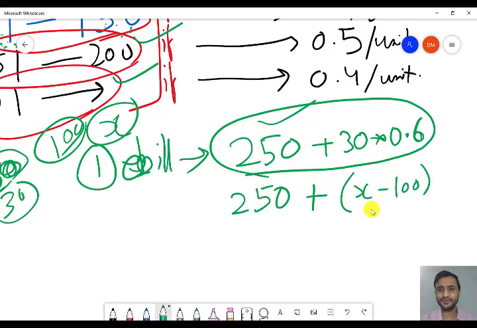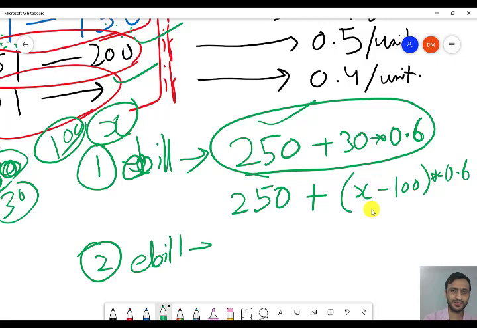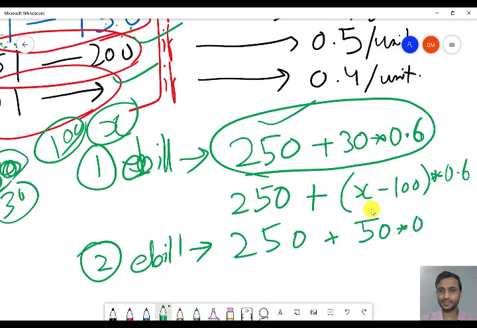Why X minus 100? For the first 100 you have already given 250. Whatever is more than that, 30, is more than that. So if total is 130, it is 130 minus 100, that is 30 units. They will get 0.6. Similarly for the second case, the electricity bill is for the first 100 250. For the next 50 units, it is 0.6.